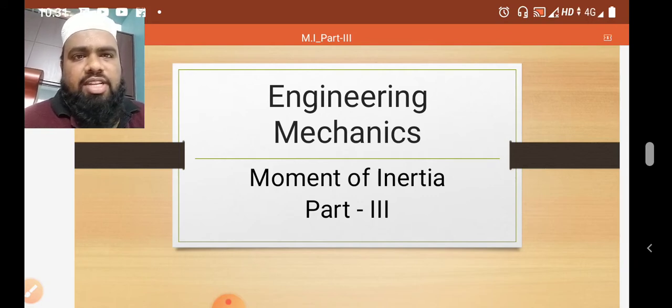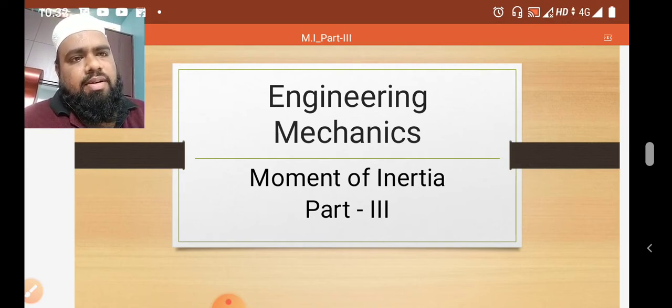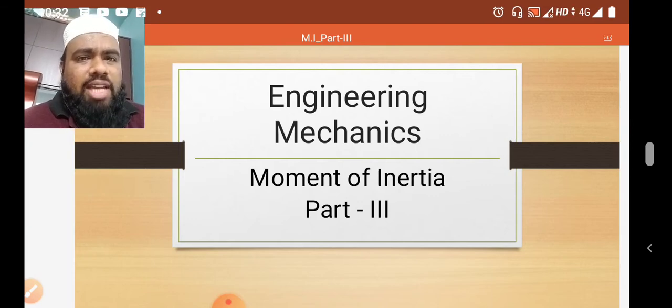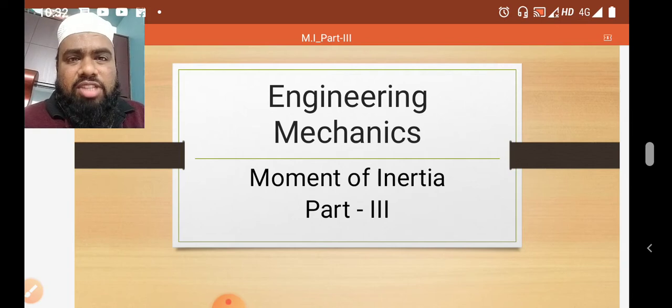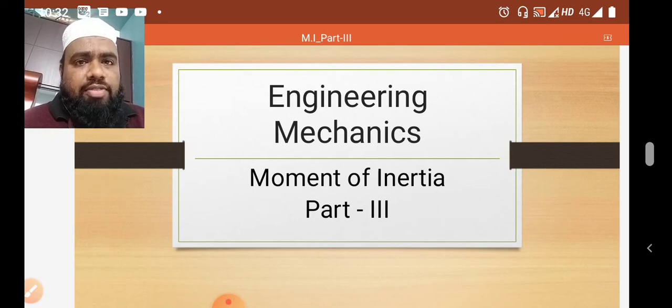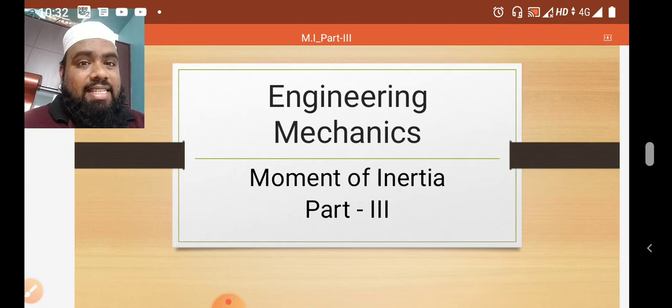Finding moment of inertia is an important thing, but most important is about what axis we are finding it. What is the reference? About x axis, about y axis, about centroidal axis, about base, whatever. So for finding moment of inertia, that axis is compulsory.